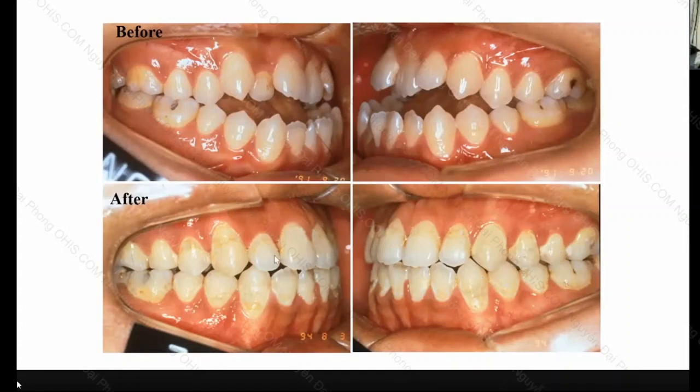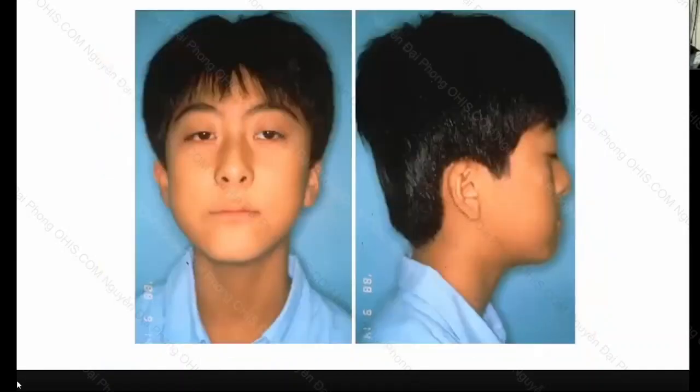In my department, we did this kind of treatment many times. Class 3 treatment and open bite treatment take almost the same approach, because of the posterior discrepancy. This young boy, 13 years old, is an interesting case.